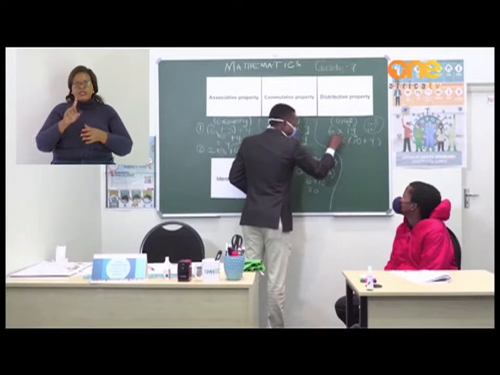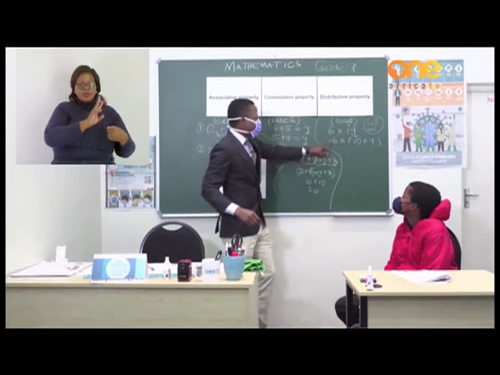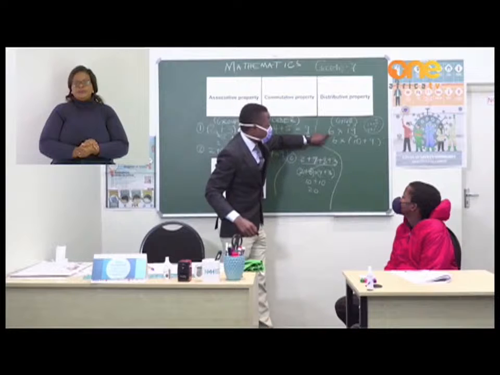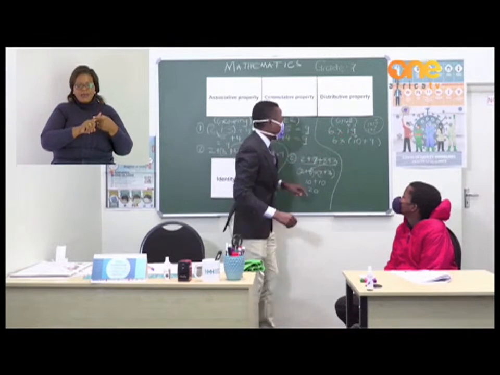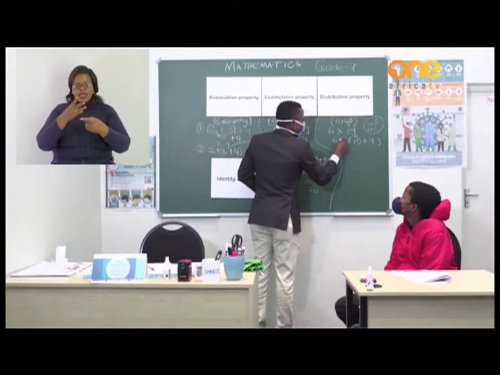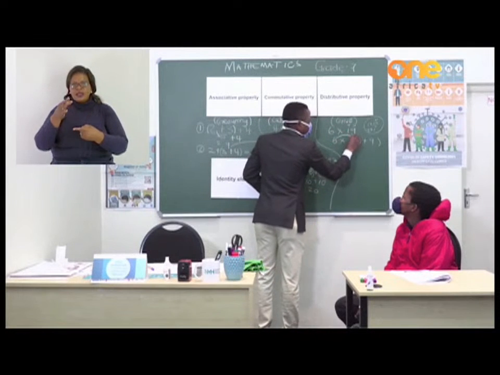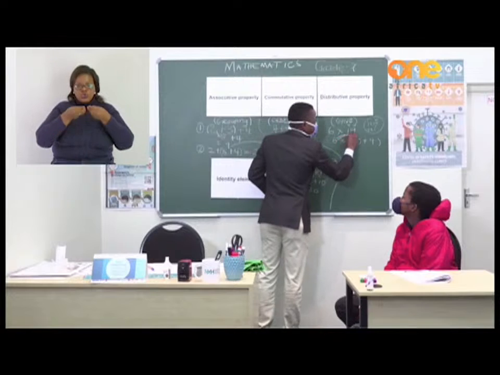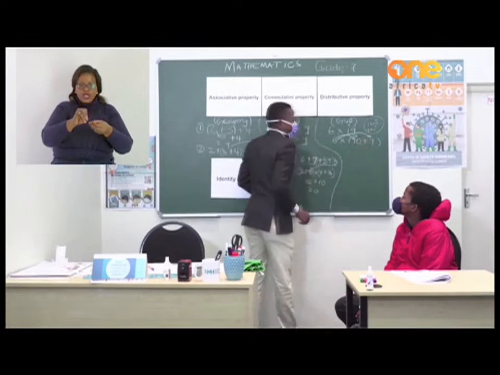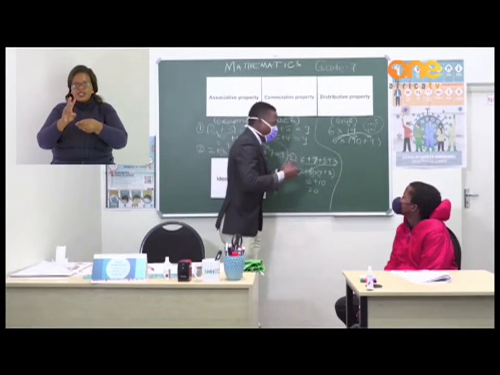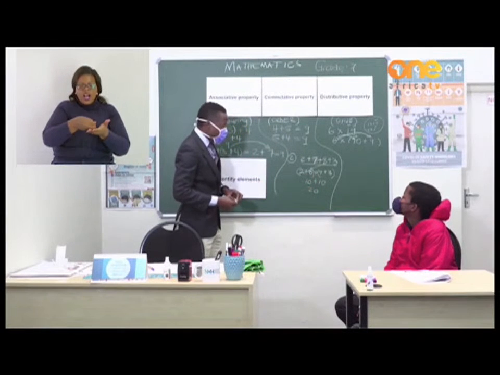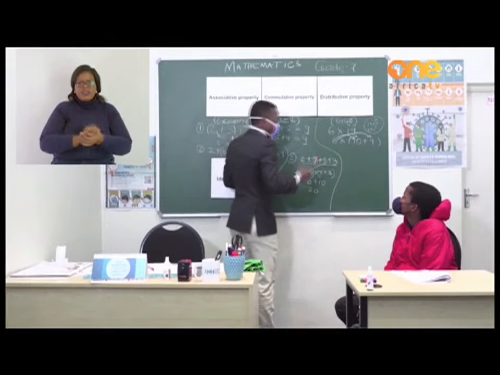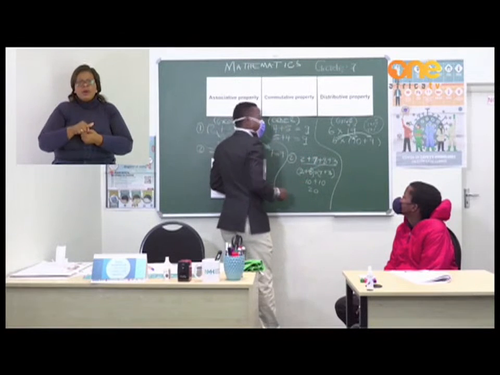Then times 6. So in short, you are saying 6 times 10 and 6 times 9. You are giving 6 to 10 and you are also giving 6 to 9. So you are distributing. Remember the granny in the booklet, who is giving sweets to the grandchildren.